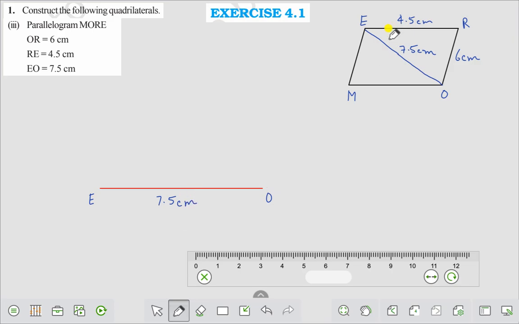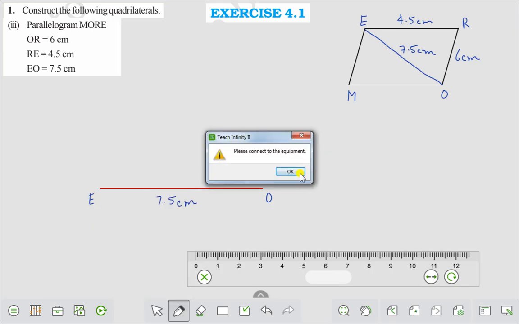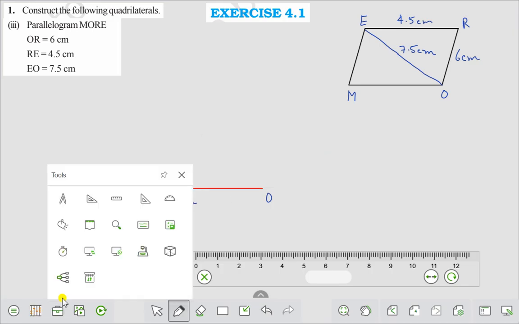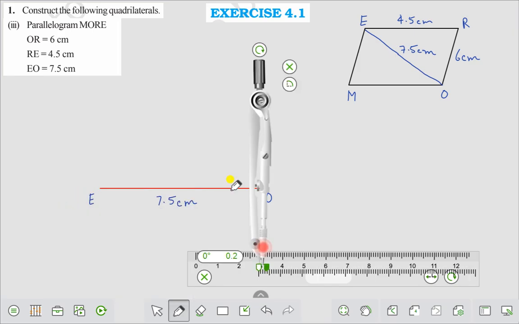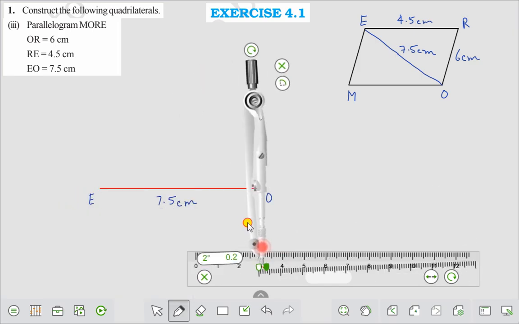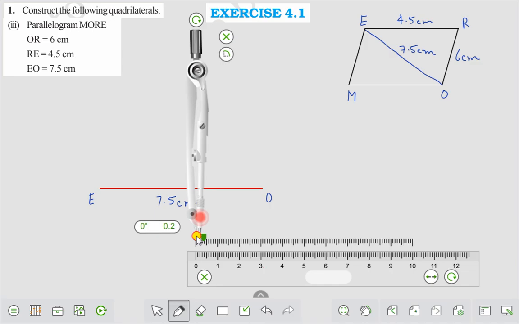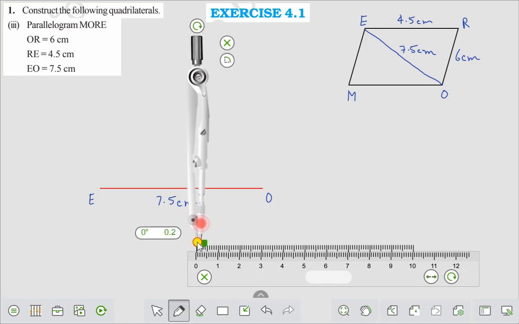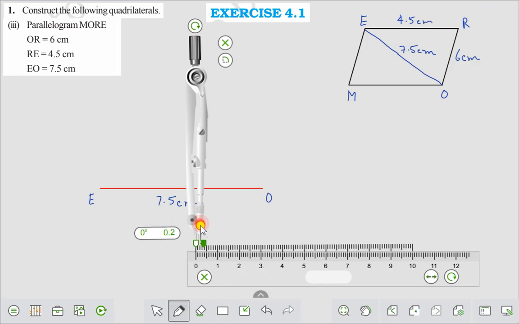Right? Let us take E as center and take a length of 4.5 cm. Let us take a compass, placing this pointer at 0 and the other at 4.5 cm.